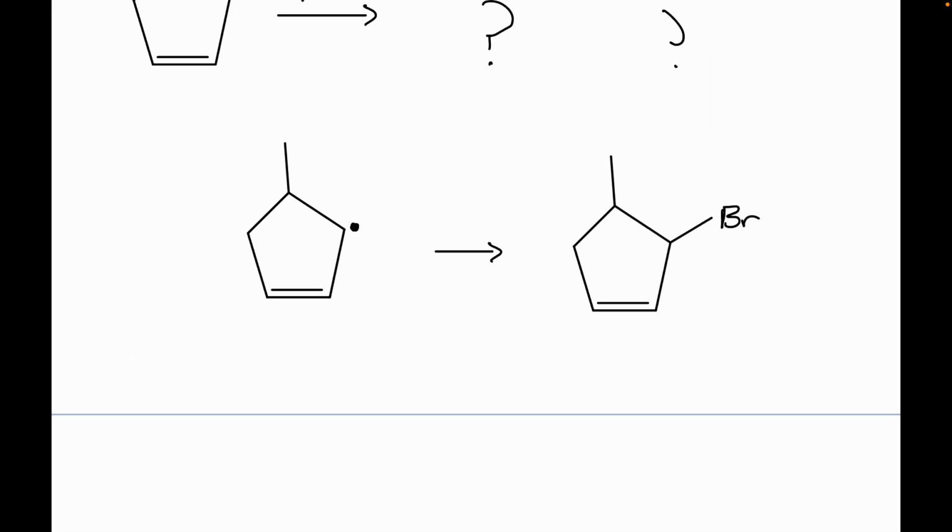what about the resonance structure for this molecule here? Everybody take a second and draw me what the other resonance contributor would be for this allylic radical.